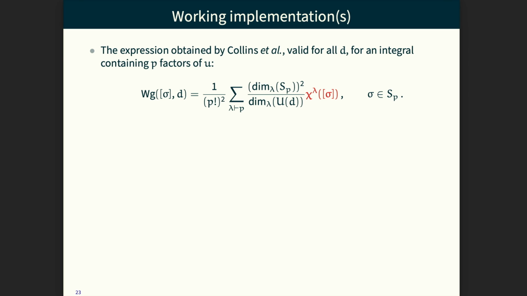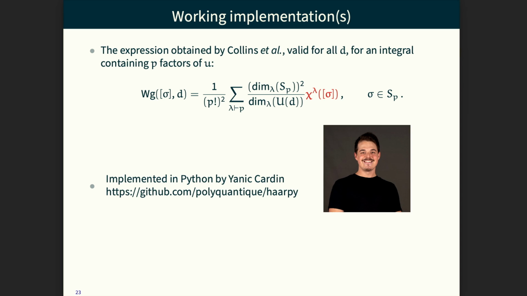Okay, I'm nearing the end here. So that's the pretty formidable expression found by Collins. And thankfully, there was a student who wrote a Python code for it. It actually works. He did a little more, so it's actually very nice.